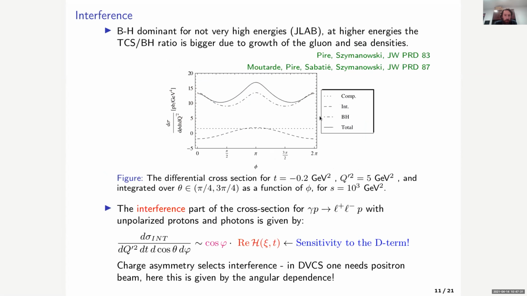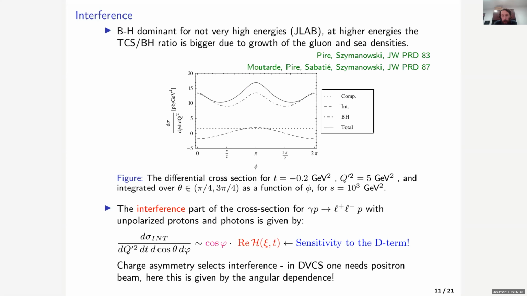This interference term is important because Bethe-Heitler is dominating over TCS, especially at not very high energies. At bigger energies, it's a little bit better because of the growth of the gluon and sea densities. But still, the Bethe-Heitler is very big.